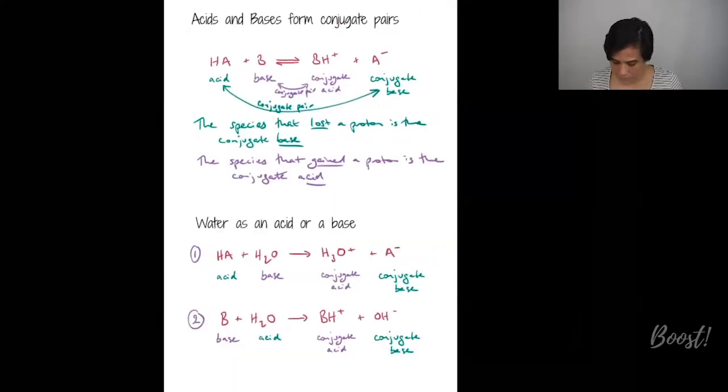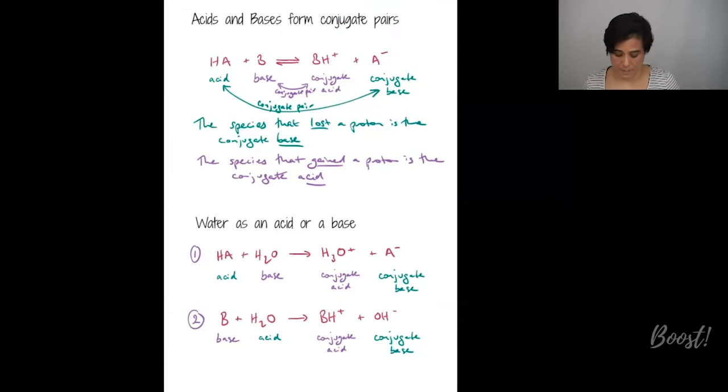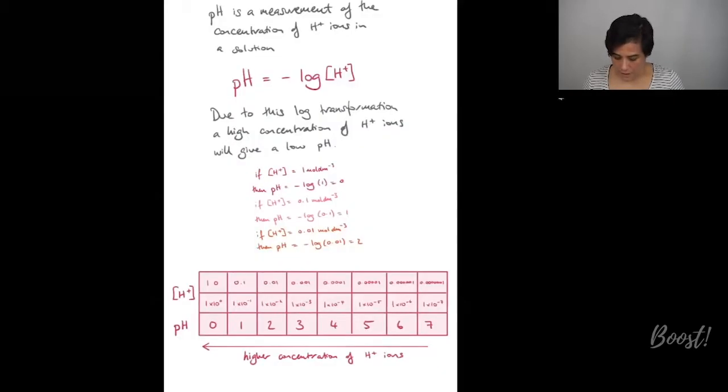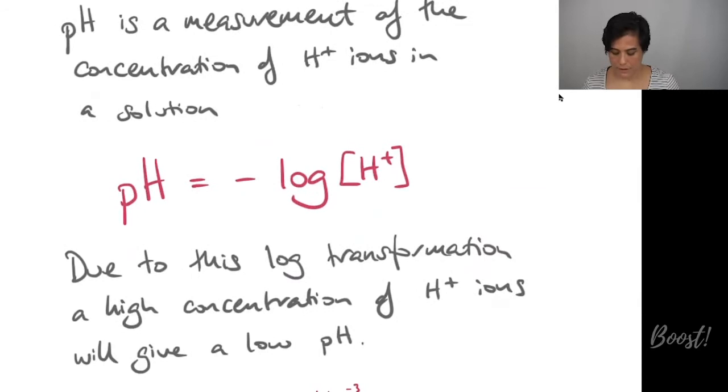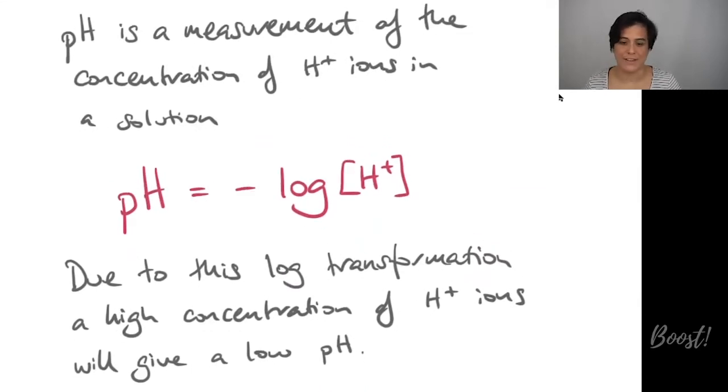Okay, so we've now looked at acids and bases and the fact that they react by transferring protons and understanding what conjugate pairs are. So now let's look at how to actually measure and calculate pH.